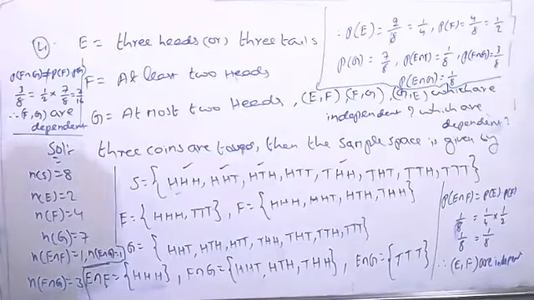Similarly, just cross check E and G also. E and G equal to 1 by 4 into 7 by 8. So this is 7 by 32.